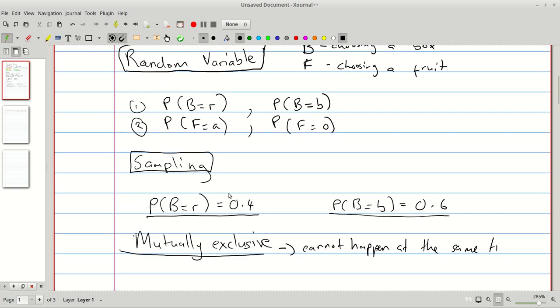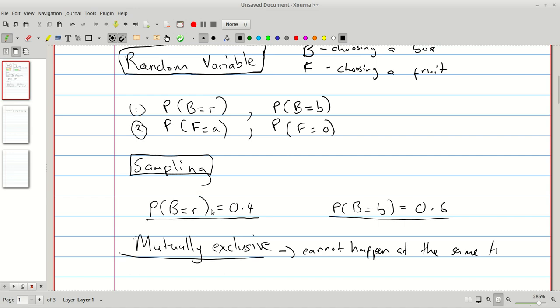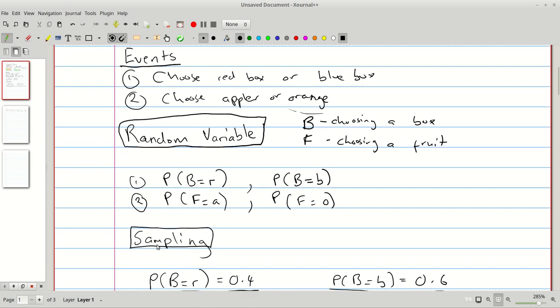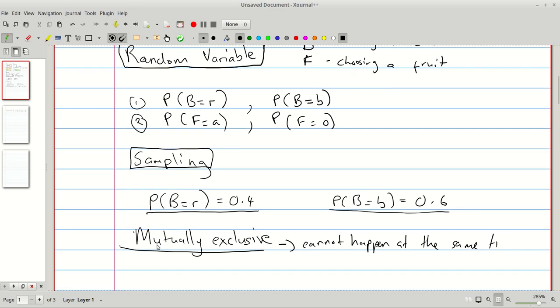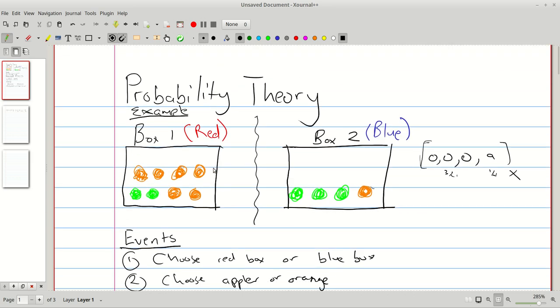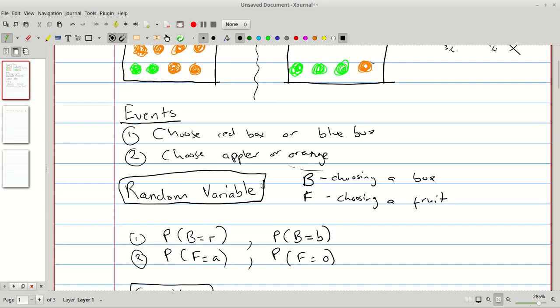If you know the probability of choosing the red box and you know the probability of choosing an apple, and they ask you the probability of both events happening, those are not mutually exclusive. You can choose a box and choose an apple; these events can happen at the same time. The events that cannot happen at the same time are, for instance, choosing red and choosing blue at the same time. That's one thing you should take note of here.